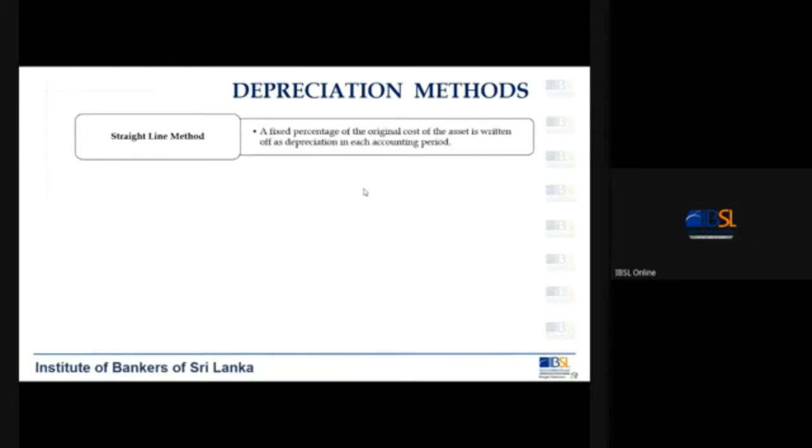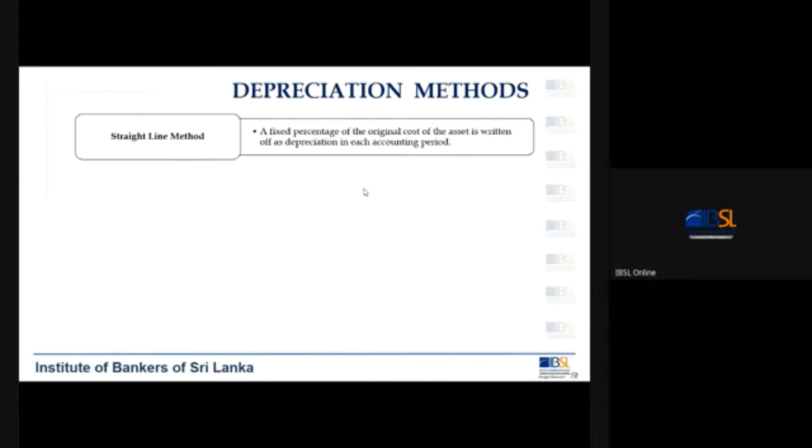So in other words, it is the same thing. We are talking about the annual depreciation, where the cost is apportioned into different accounting periods throughout the life of the asset as depreciation. Here you apply a fixed percentage. What do you mean by fixed percentage? It is going to be your depreciation rate.